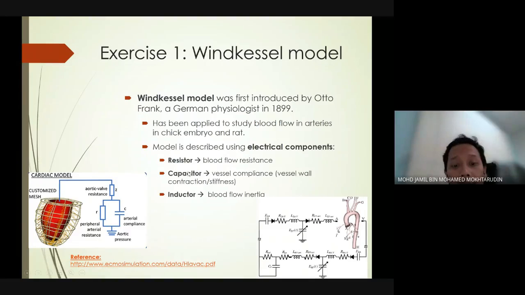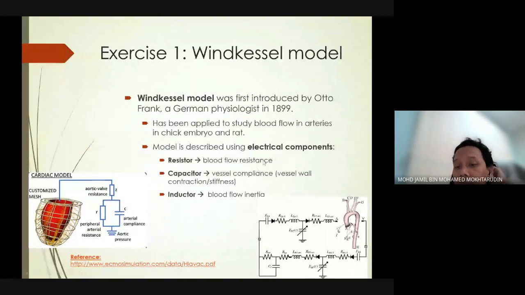And then in the body, in the blood vessel, you also have resistance, blood flow resistance. So our blood vessel has maybe valve, for example, maybe ada lemak ke dalam badan kita. So all of this can be assumed as a resistance or something that resists the blood flow.